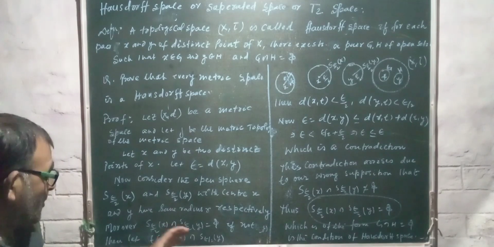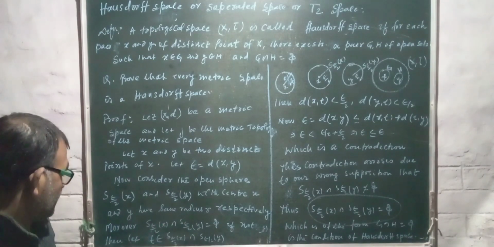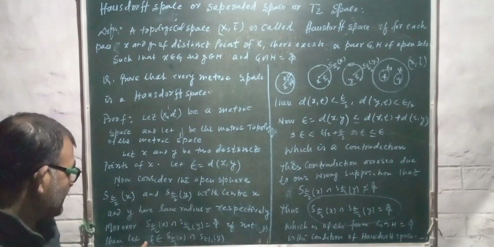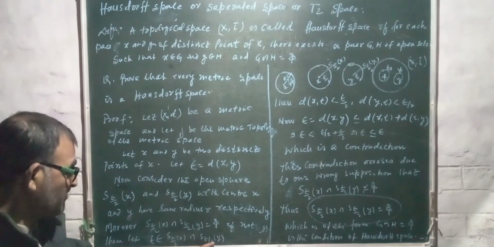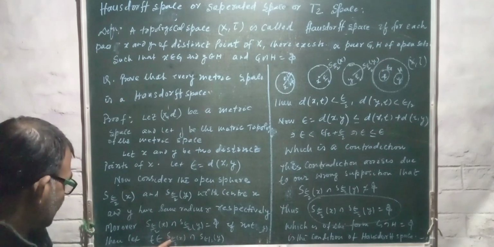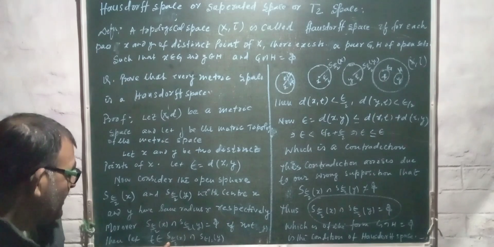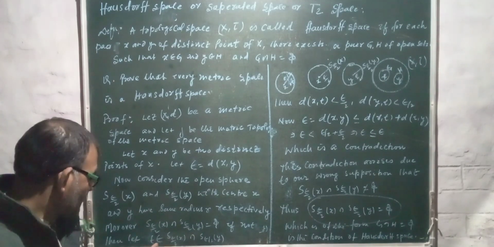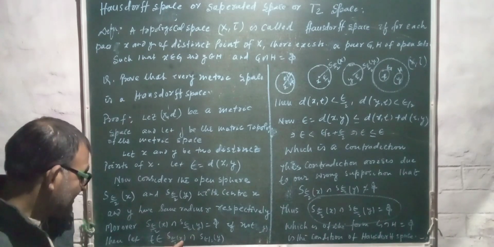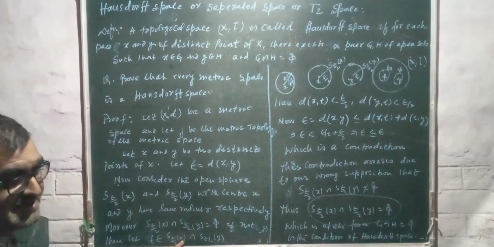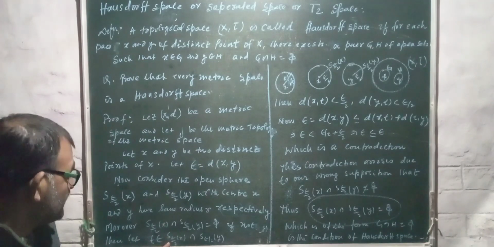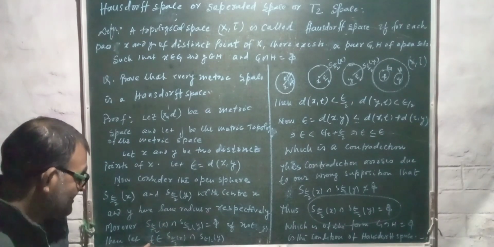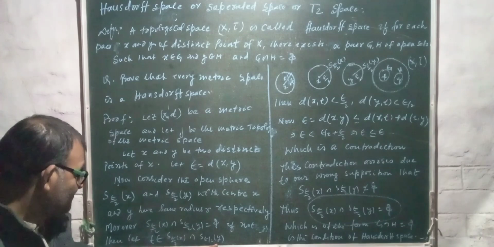Suppose if not, then there exists an element t which is common among them. It means t belongs to S(epsilon/2, x) and t also belongs to S(epsilon/2, y). But since every open sphere is an open set, and an open set is the set of interior points, t is an interior point of this sphere and also of this sphere.